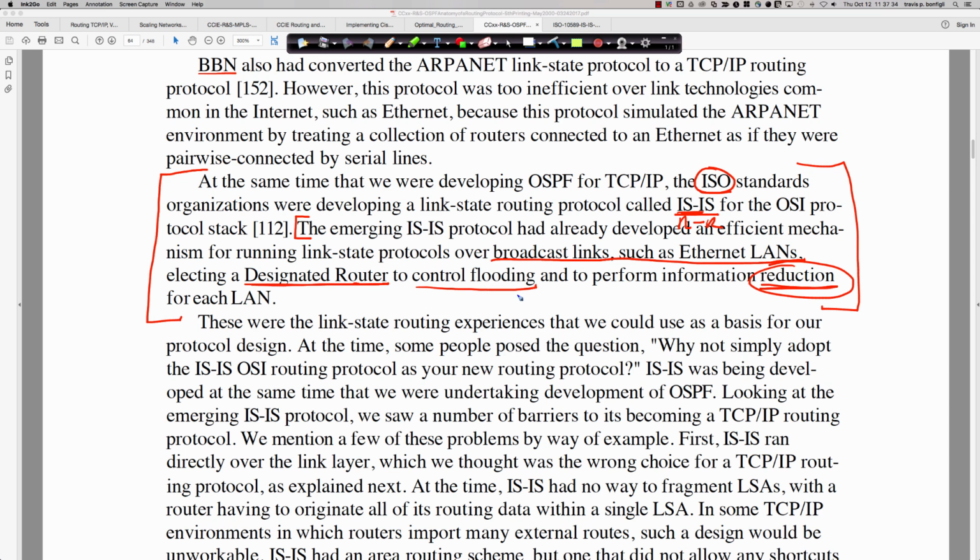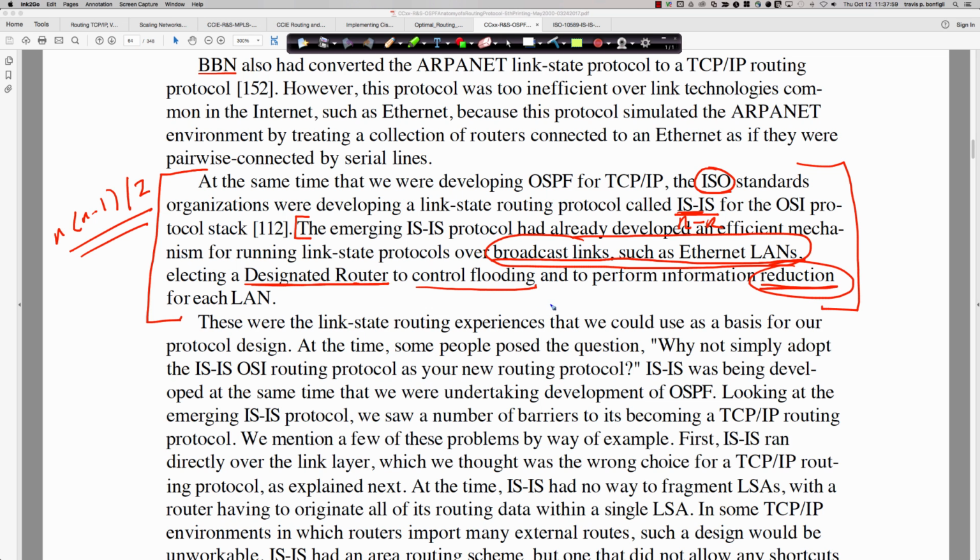But on a multi-access segment, like a broadcast link, like an Ethernet LAN, so say you had 10 routers plugged into a switch, and they're all in the same VLAN running OSPF with each other, you end up with that n times n minus 1 divided by 2 in terms of the adjacencies.